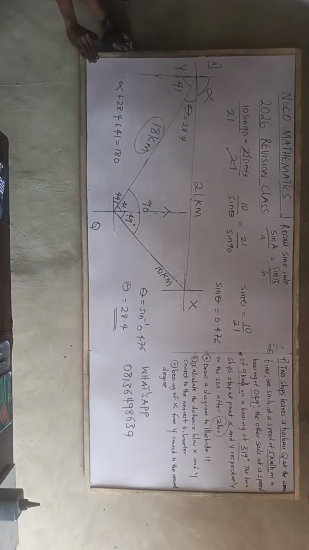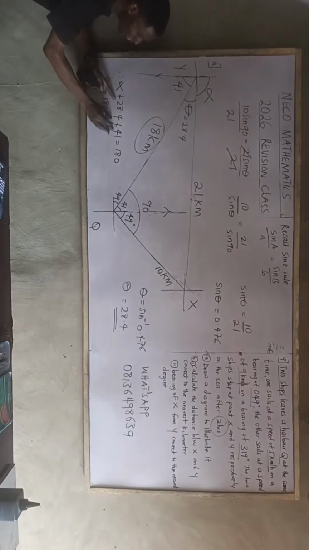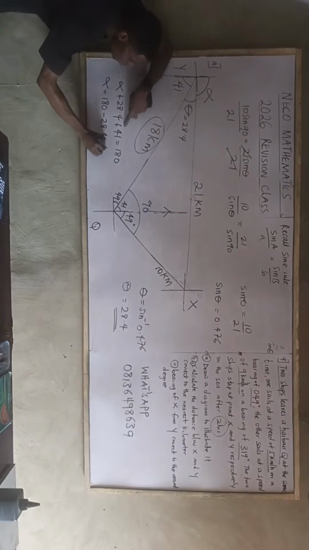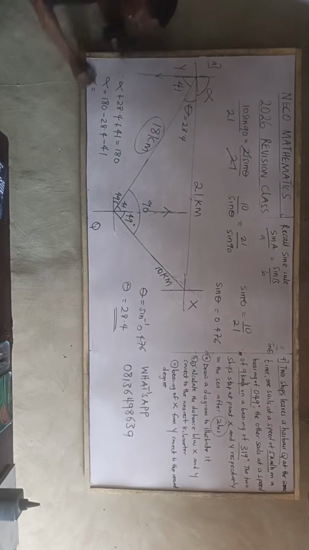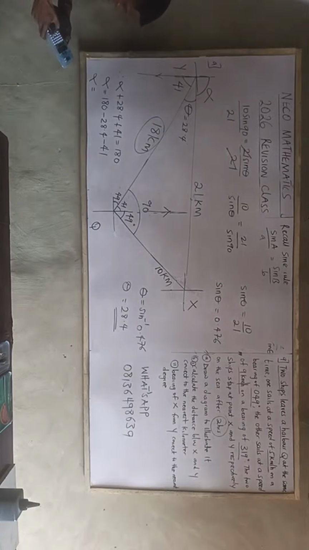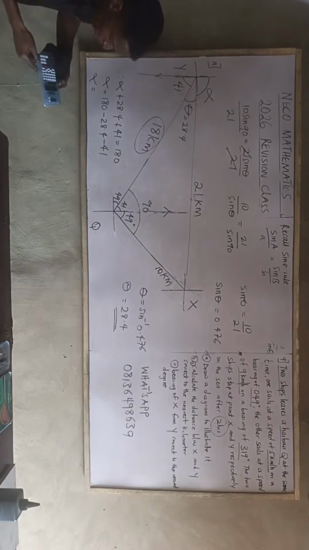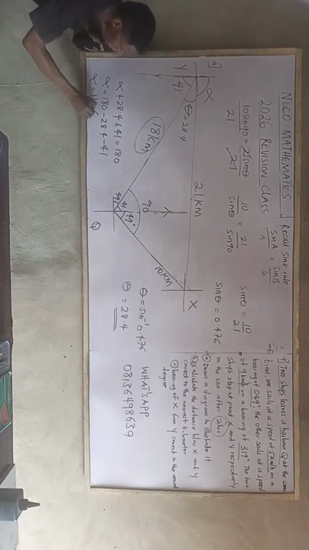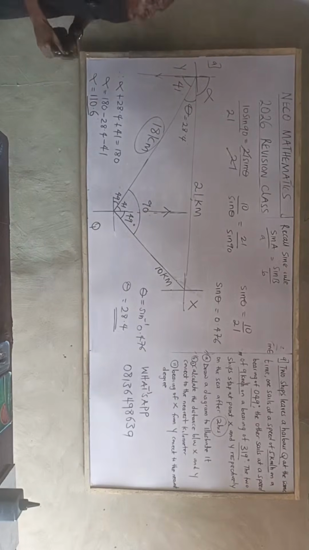Any question there? So I have alpha equal to 180. Take all of this to the other side. It becomes minus 28.4, then minus 41. We've got alpha finally to be 180 minus 28.4, then minus 41. We've got that to be 110.6, 110.6 degrees.